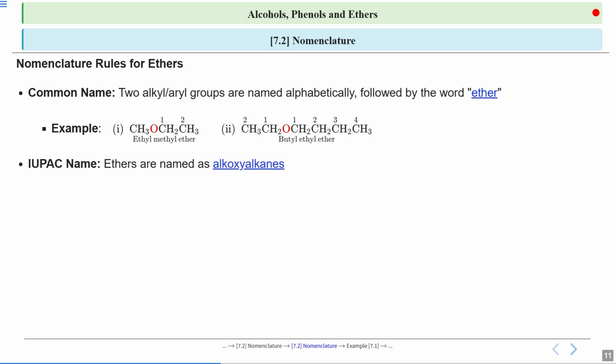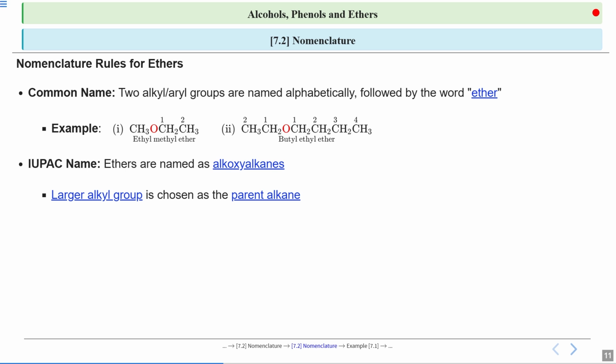For the IUPAC name of ethers, ethers are named as alkoxyalkanes. What does it mean? We have two R groups. One you treat as the parent chain or parent alkane, depending on the number of carbons present in that alkyl group.